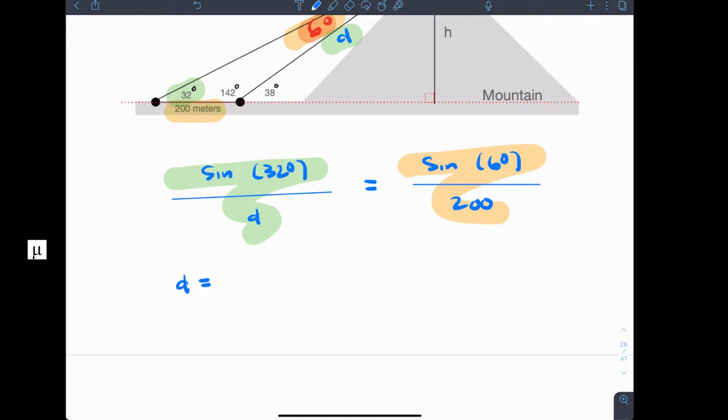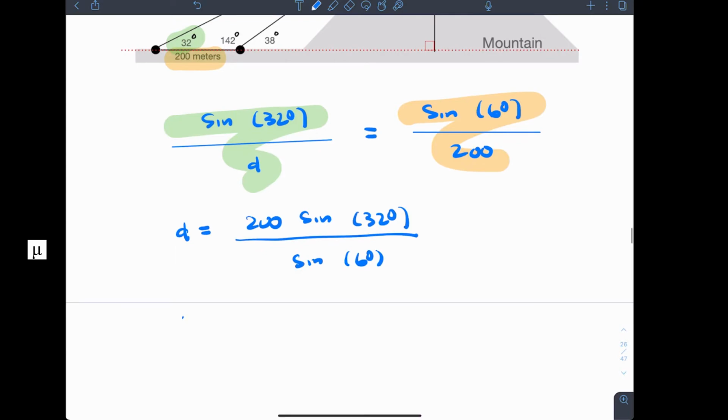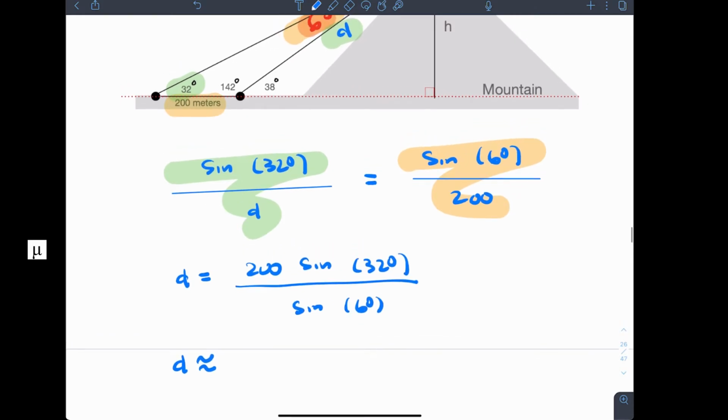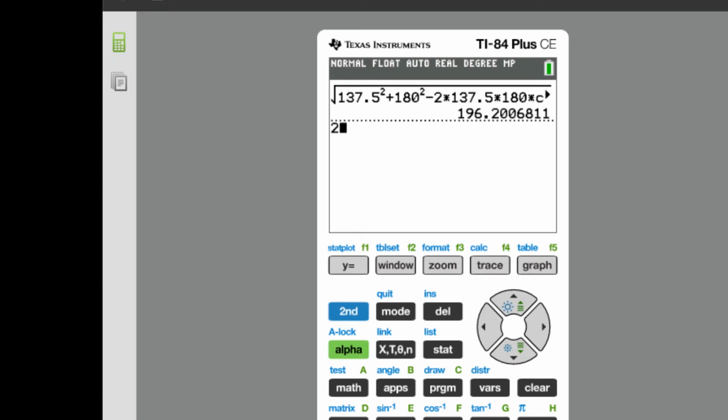What is D? D is 200 times sine 32 divided by sine of 6. What do you get for D approximately? What do you think? 200 times sine of 32 divided by sine of 6.